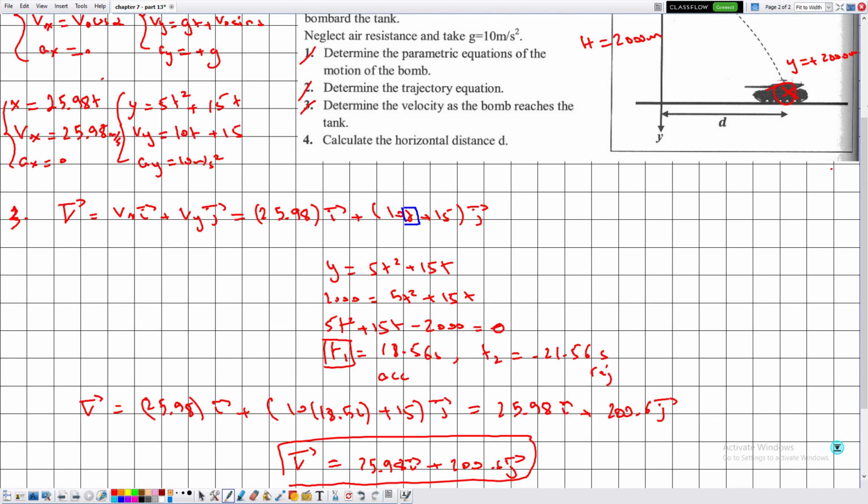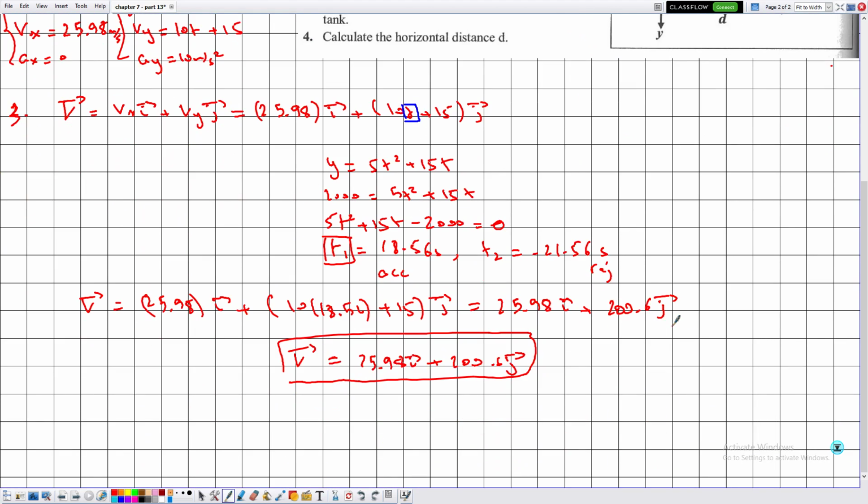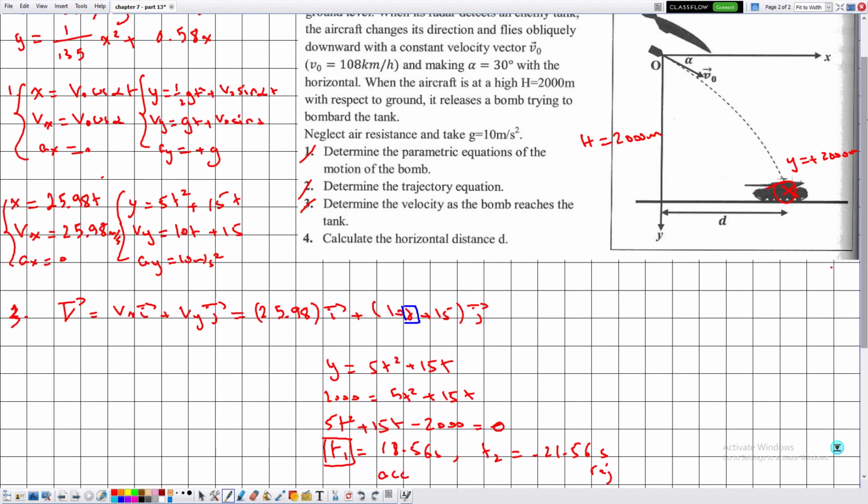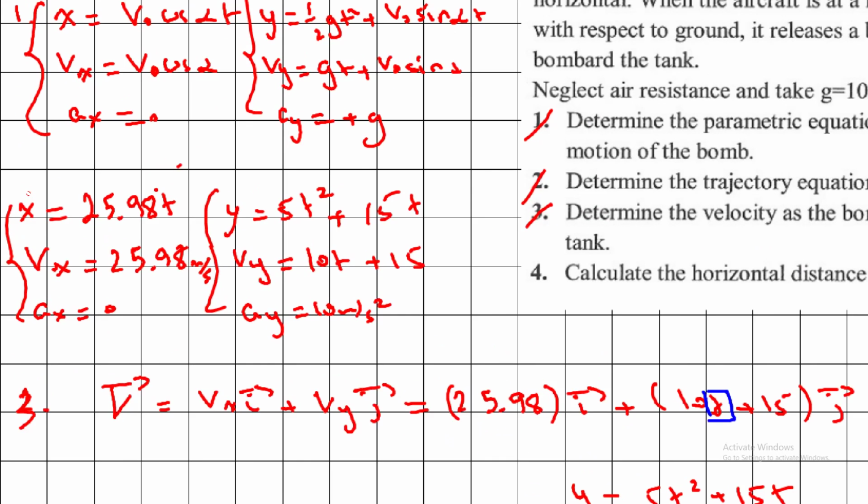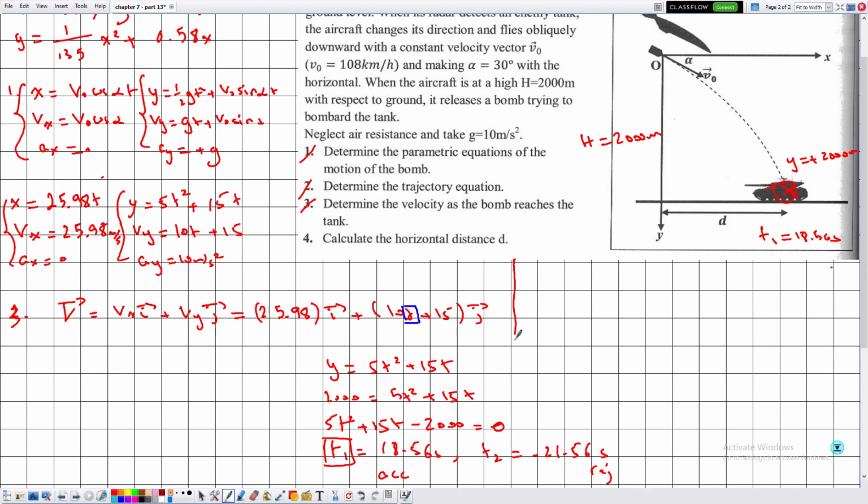Now as for part 4, this horizontal d is dictated by the instant t1 equal to 18.56 seconds, which corresponds to replacing here an x. Okay, so let me do it here. Then part 4, d, which is equal to x for t1 equal to 18.56 seconds, which is equal to 25.98 multiplied by 18.56 seconds.